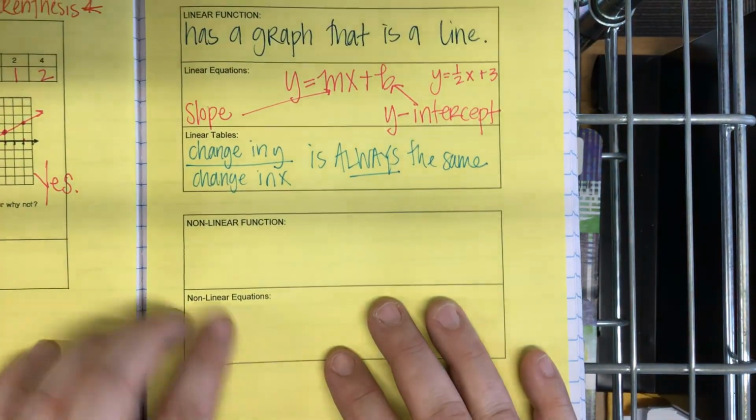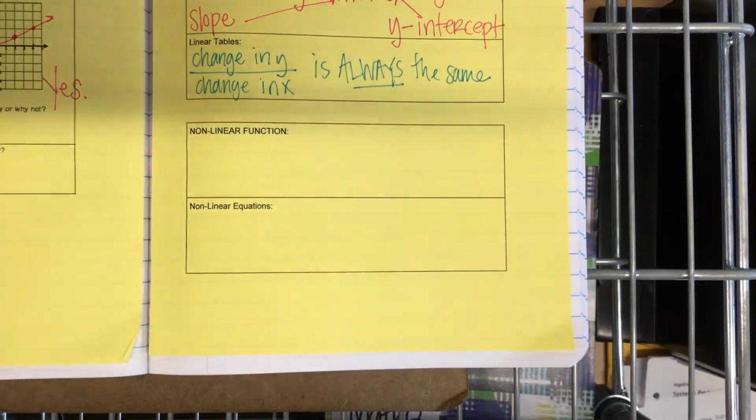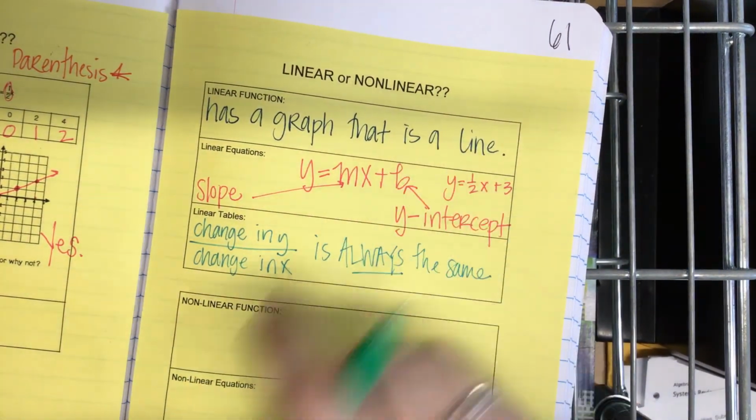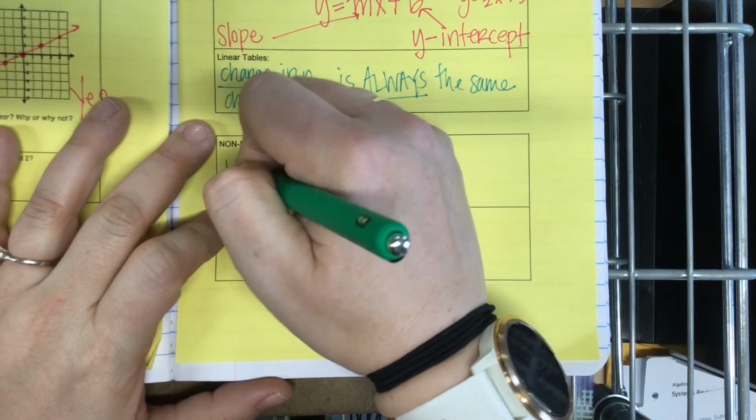If it is non-linear, what would the graph look like? Not a line.